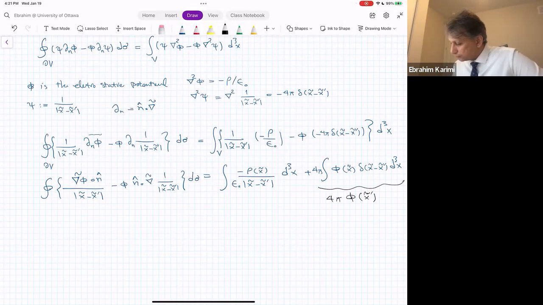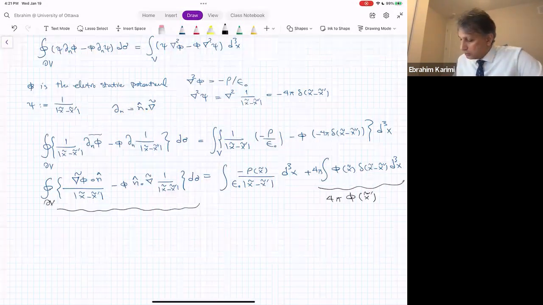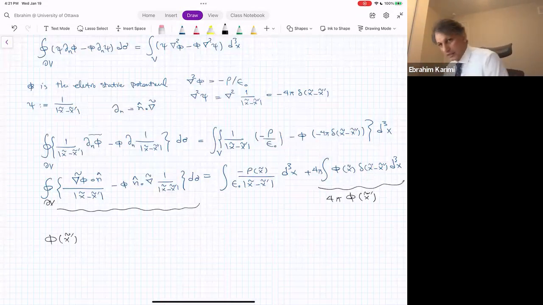What's going on with this one? First of all, what is this integral? Oh, let me write it down. So it will be phi of x prime. I will take away the phi on this side, and then I will bring everything to the other side. Okay?